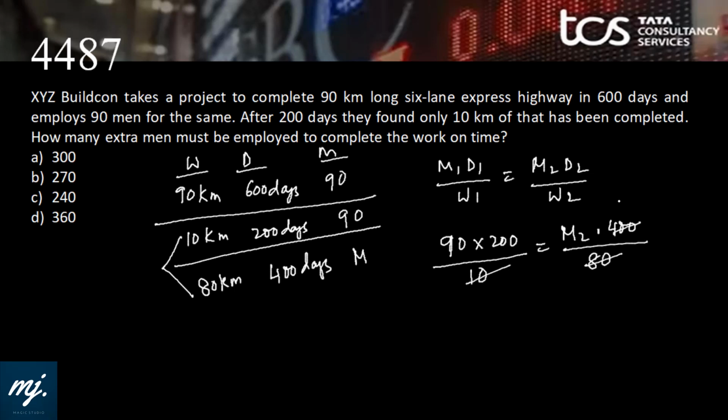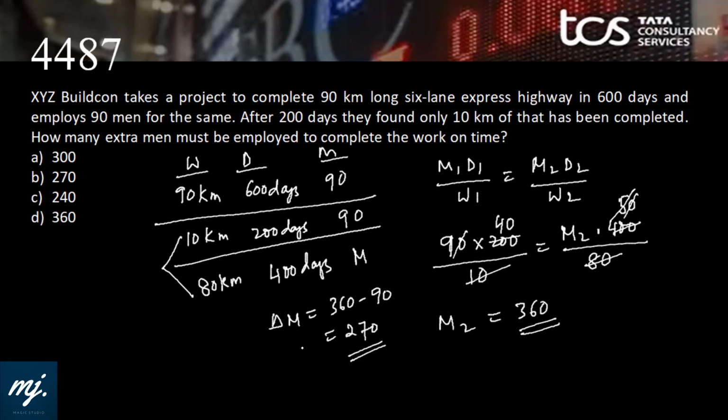This gone 8 times and this is 50. Yes. Then 5 will go into 40. M2 is 9 into 40, that is 360. We require 360 men and we already have 90 men. That means extra men are 360 minus 90, that is 270. 270 extra men required. Option B fits in, and masala rocks.